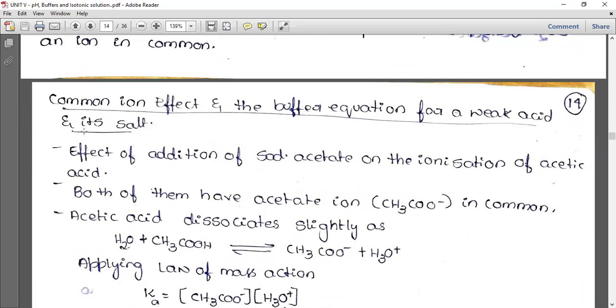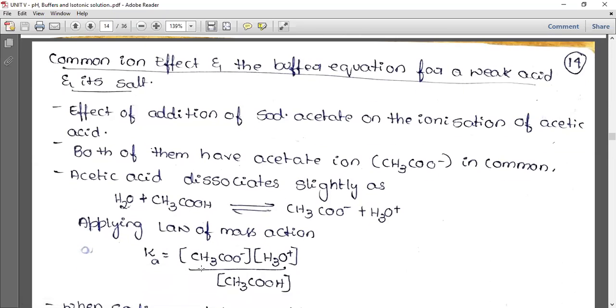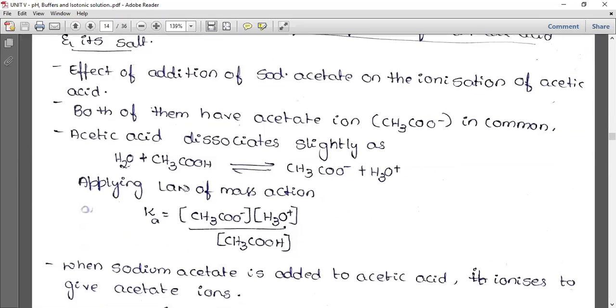We know that acetic acid is a weak acid, so it will dissociate slightly as given here: H2O plus CH3COOH gives CH3COO minus and H3O plus. Just apply the law of mass action: Ka is equal to the concentration of these two, CH3COO minus and H3O plus, divided by the concentration of the reactant.